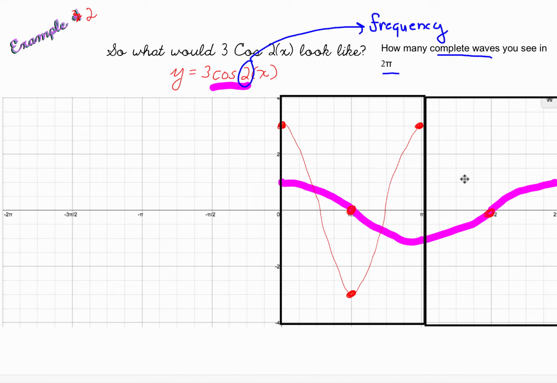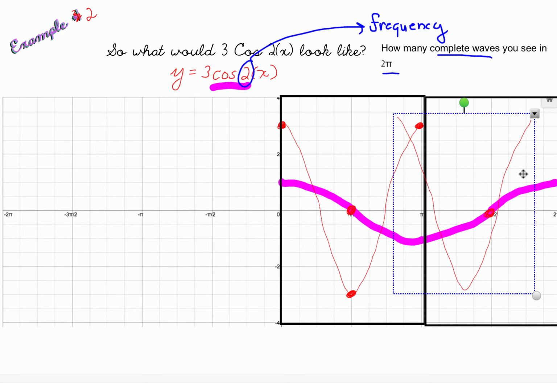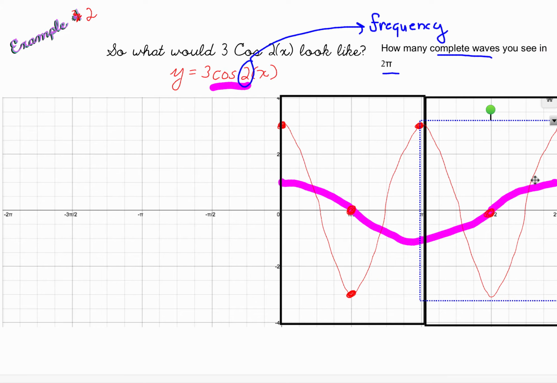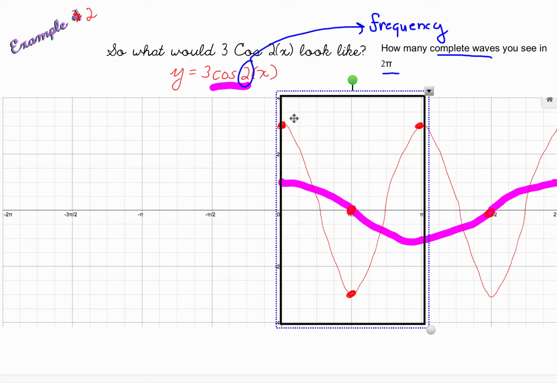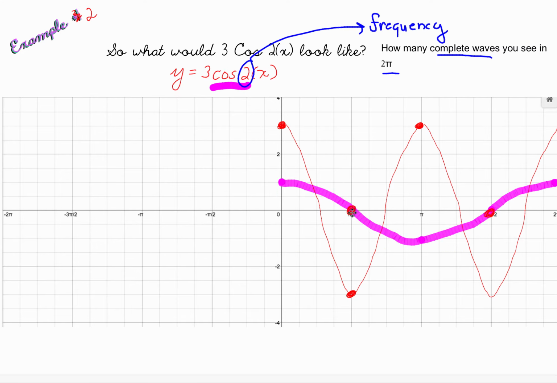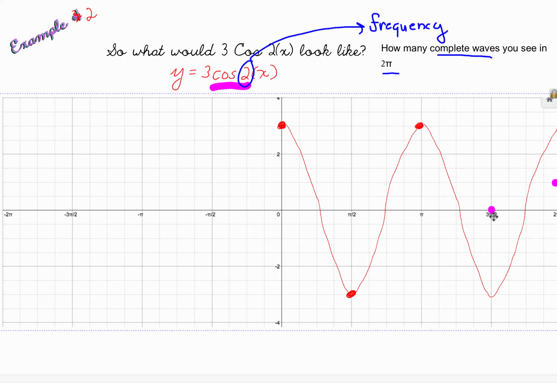So here's my next pi. And there you go. If I take away all my aids that I used to draw this, let's see what I got.